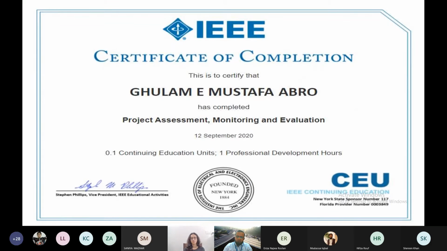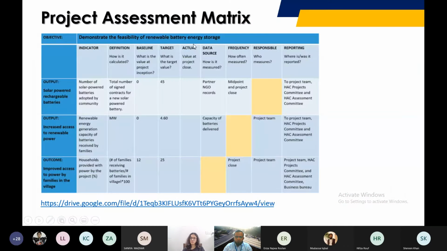This is a certificate of completion for project assessment, monitoring and evaluation. This is one of the courses. The primary applicant must complete it. If he or she does not complete this course, they will not be able to fill in this assessment matrix.